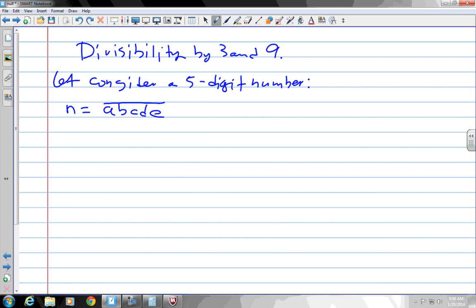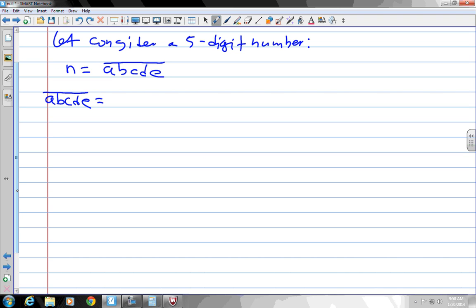So I'm going to do the following. I'm going to use our base 10 notation.